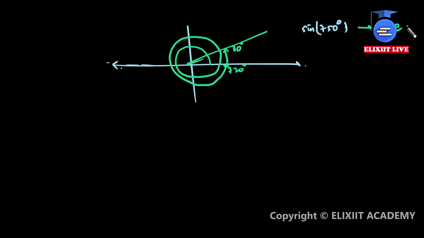Now you all tell me, what is sine minus 200 degrees? Is this a positive angle or negative angle? And in which quadrant is sine minus 200 degrees lying? Because your quadrant will decide whether this is positive or negative.